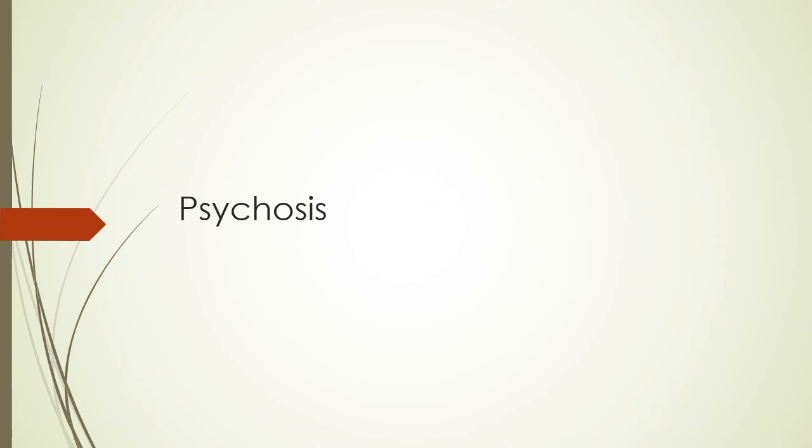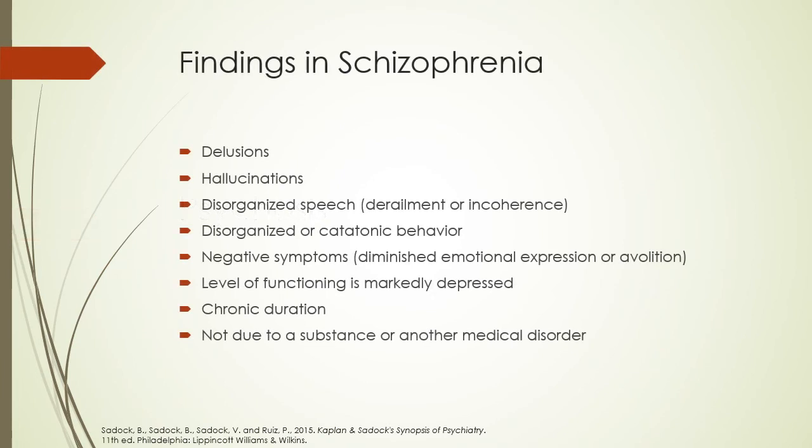Lastly, we'll be discussing psychosis. Psychosis is a manifestation, and there are a lot of disorders that can cause psychosis. The most common primary psychiatric disorder manifesting as psychosis is schizophrenia.